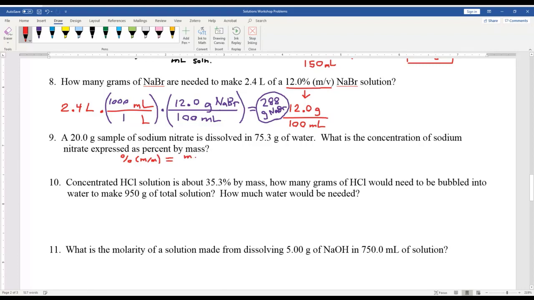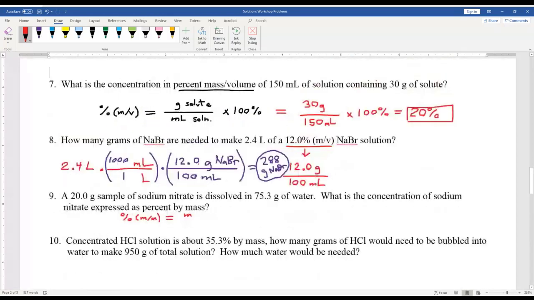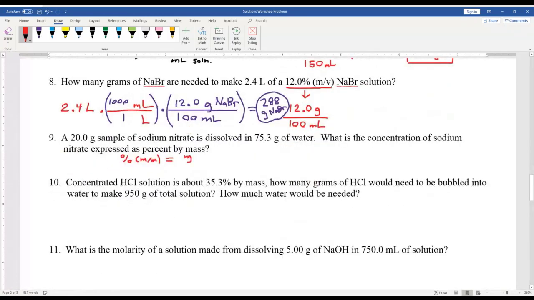It's just the grams of solute divided by the grams of solution, times 100%. I apologize for my sloppy writing.